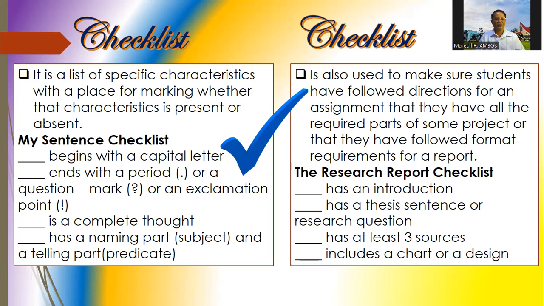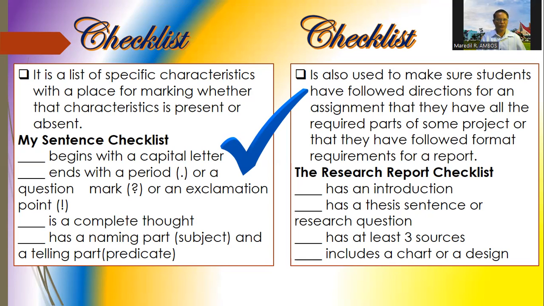So a checklist is a list of specific characteristics with a place for marking whether the characteristic is present or absent. Let's have an example of a sentence checklist. The instruction is that students will check if it is present; if not, mark an X. For example, begins with a capital letter. A sentence should begin with a capital letter, so you check if that is correct in your work.